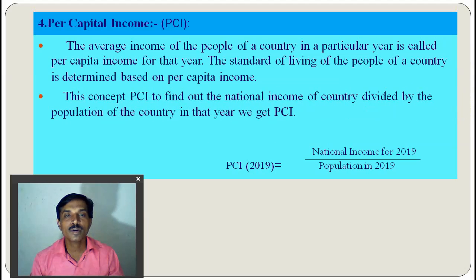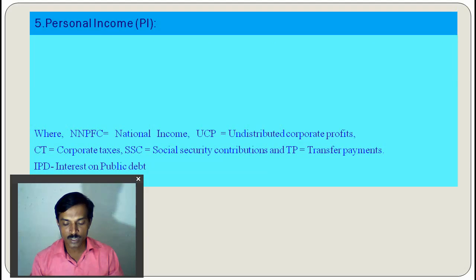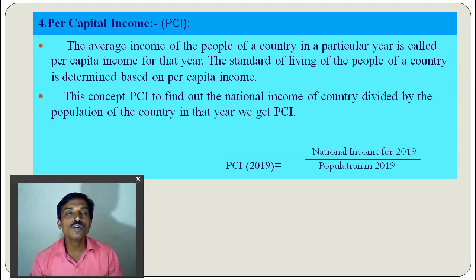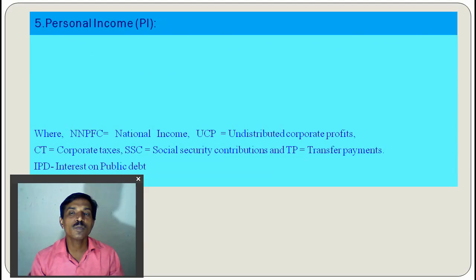To find the per capita income, we divide the national income of the country by the population of the country in that year. So per capita income is equal to national income for a particular year divided by the population in that year. For example, per capita income 2019 is equal to national income for 2019 divided by total population in 2019. So per capita income is an important concept for an economy for deciding the standard of living of the people and for comparison at the international level.